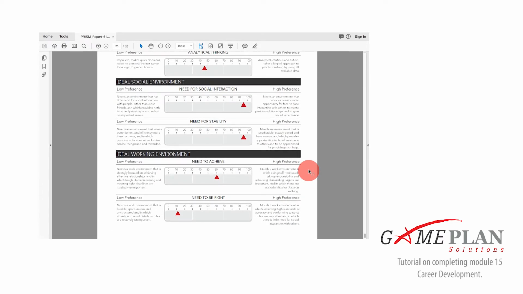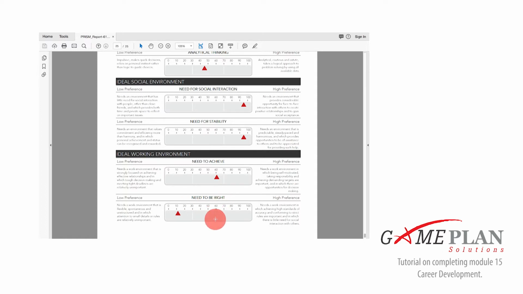When you bring all of this information together, the low preferences and the high preferences, we start to build a really clear picture and a personal insight about who we are and the environment that we like to work in, and the preferences we have across a range of different areas, all broken down into these subtopics.